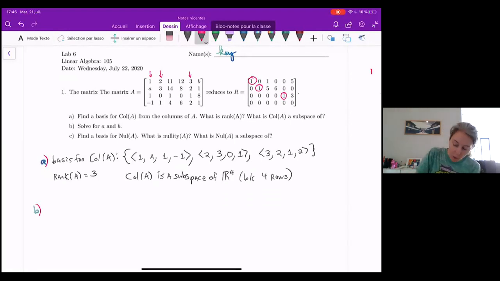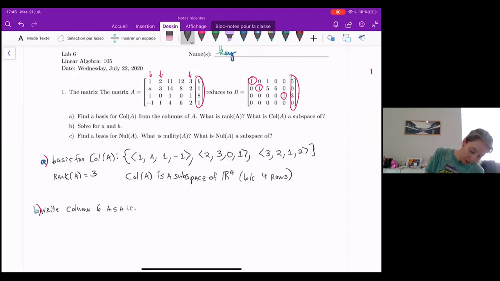However, it makes the most sense to start with this column right here, because that's the one that has an unknown in it. So I am going to write column 6 as a linear combination of columns 1, column 2, and column 5, the basis columns.